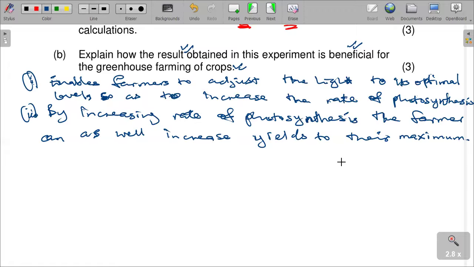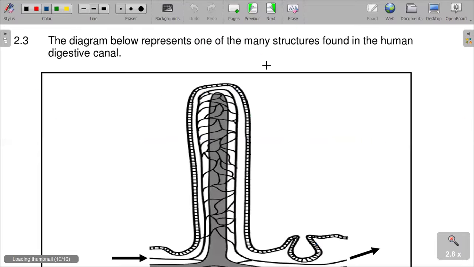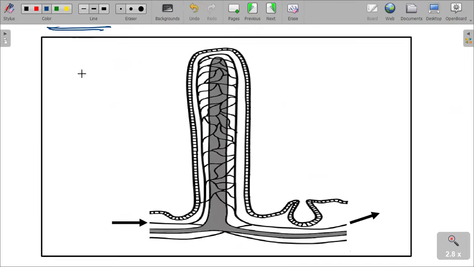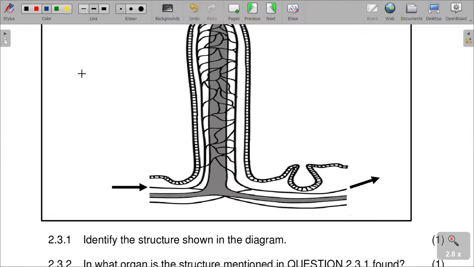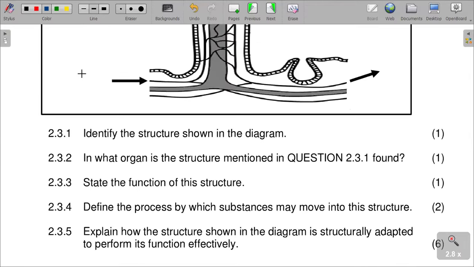So we can actually go to the next question. Represent one of the main structures found in the human digestive canal, and then we are given that diagram there. 2.3.1.